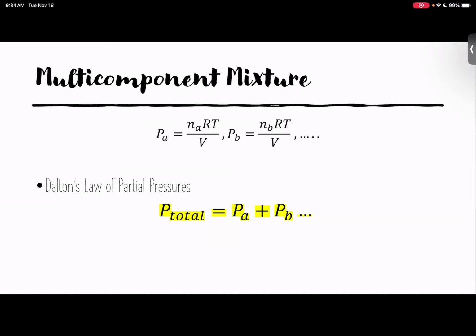So the total pressure in this room is going to be the pressure that the nitrogen's applying, the pressure that the oxygen's applying, the pressure that the carbon dioxide's applying, the pressure that the xenon's applying, and whatever else is in this room. You're going to add them all together, and that's going to be the total pressure, which just happens to be barometric pressure in this particular case.